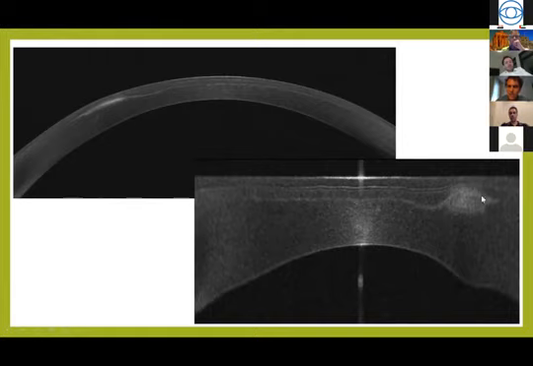The problem is that it's a bulkulation that is pushing the stroma upwards and downwards, okay? And here you will now understand exactly why there is an induced astigmatism, because there is a bulkulation pushing the stroma and inducing astigmatism.